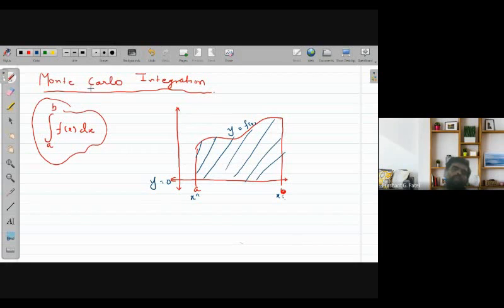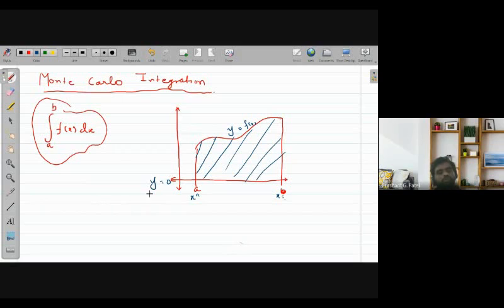Now, how do we calculate this integration numerically? That means, what will be the approximate answer to this integration? Why is it needed? Because it's not always possible to solve such an integration analytically, so we need to understand the numerical solution.